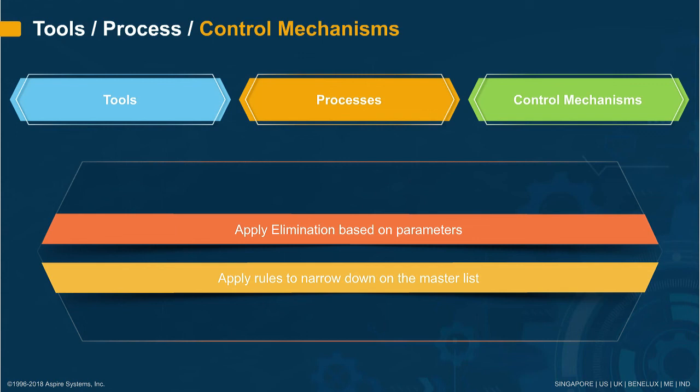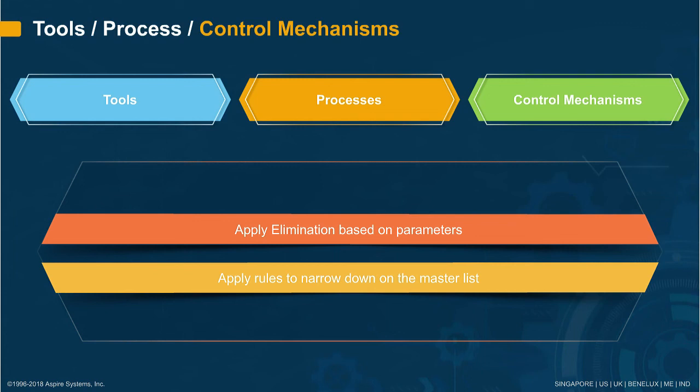To be more precise, what we are doing from our standpoint is developing a tool that incorporates all of these ideas, all of our learnings, into rules. With these rules, we apply an elimination approach to filter our master list into a smaller list that's easy for us to at least evaluate.